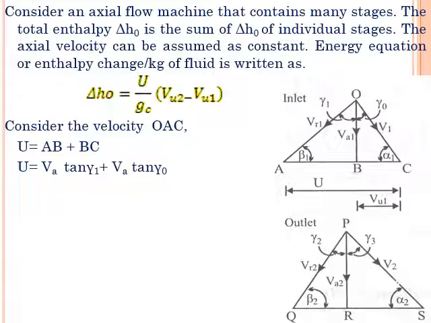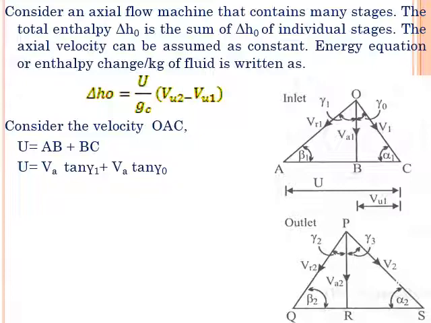In a similar manner, you can write the distance AB in terms of gamma 1. If you consider tan gamma 1, then tan gamma 1 is equal to the opposite side AB over the adjacent side V of A1.